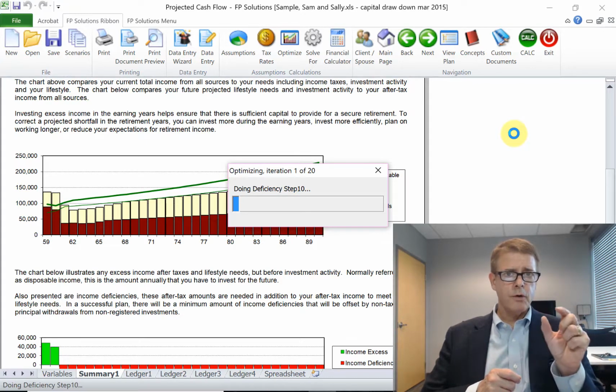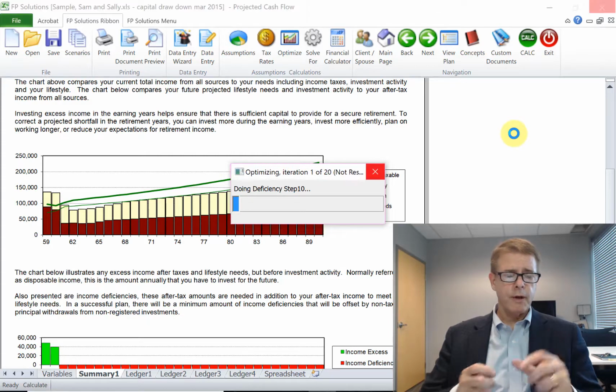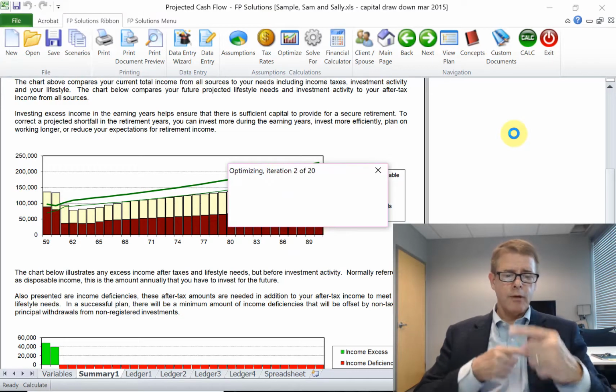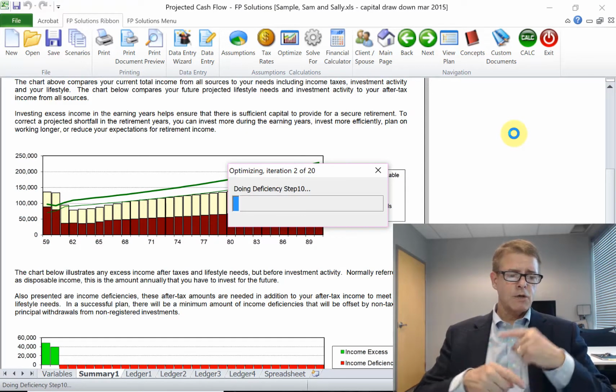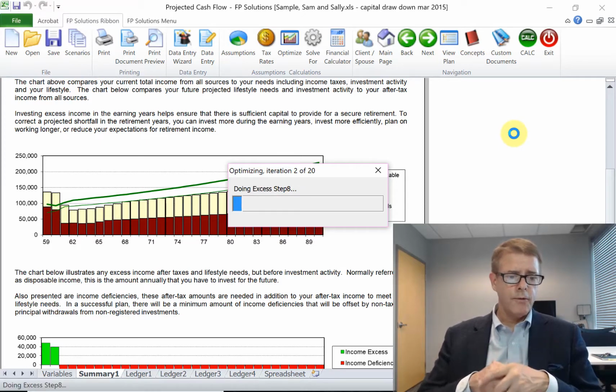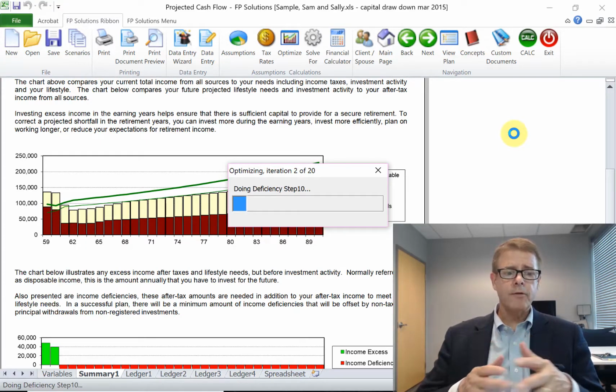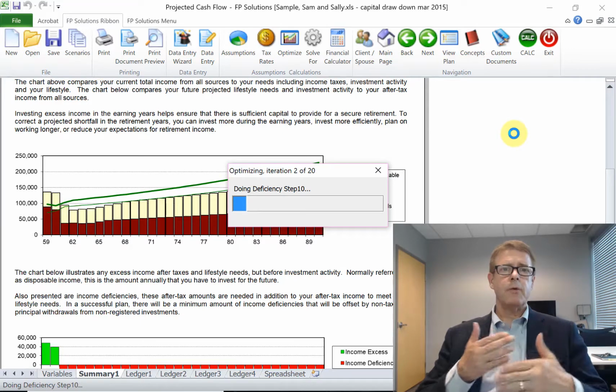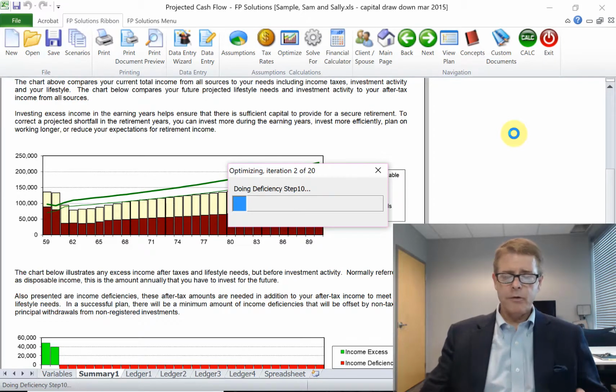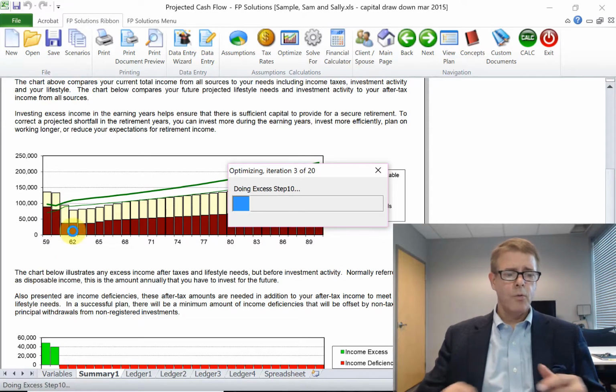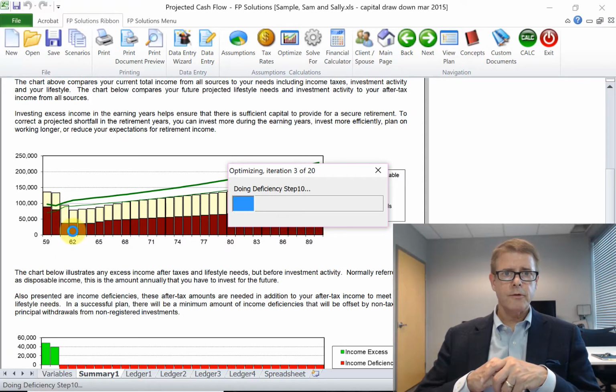It's going to do a year-by-year T1 for each person in the couple situation and keep running through and building this cash flow model so that they're fully funding all of their income needs over the length of the retirement. So literally simulating what the cash flow will look like based on certain assumptions that we're using for their situation. So let's just let this thing run. It'll eventually finish off for us.